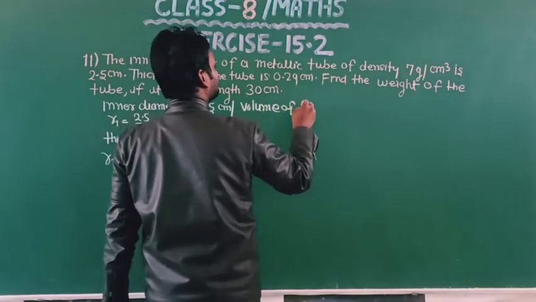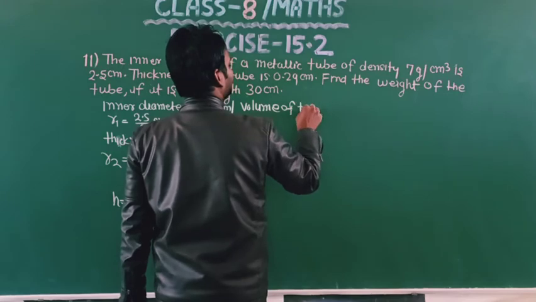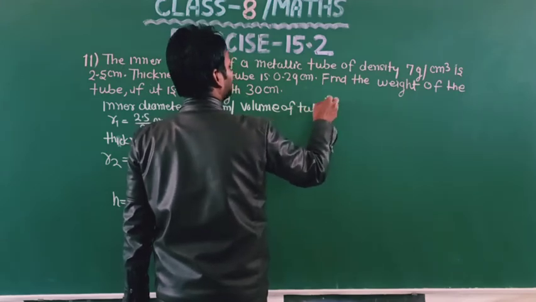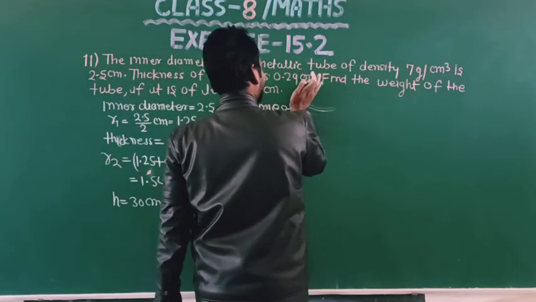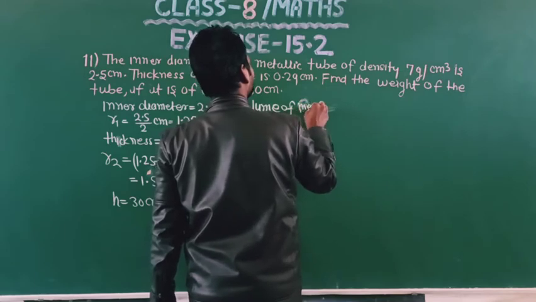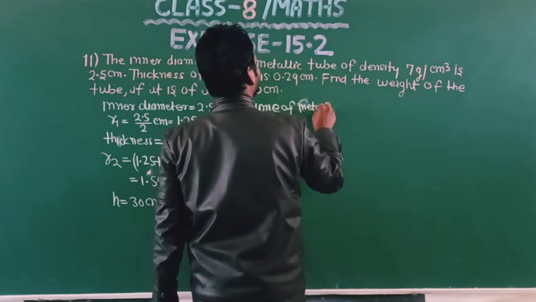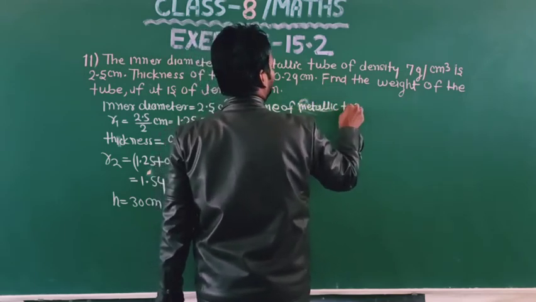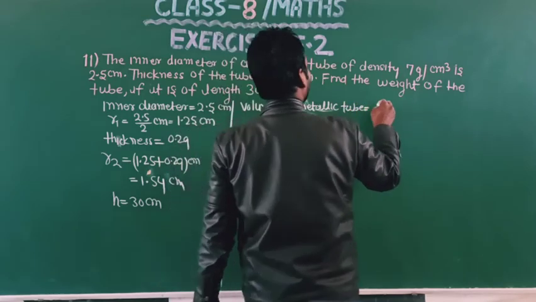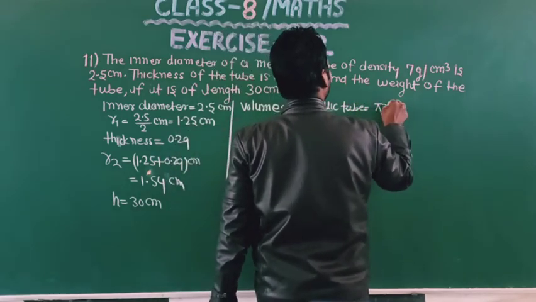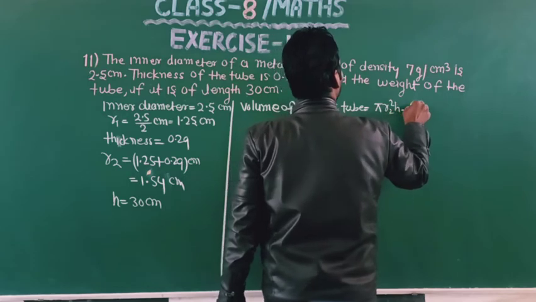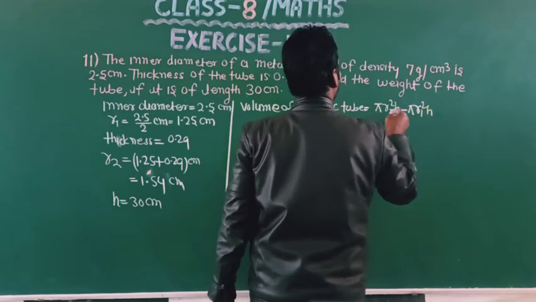Volume of metallic tube equal to pi r2 square h minus pi r1 square h.